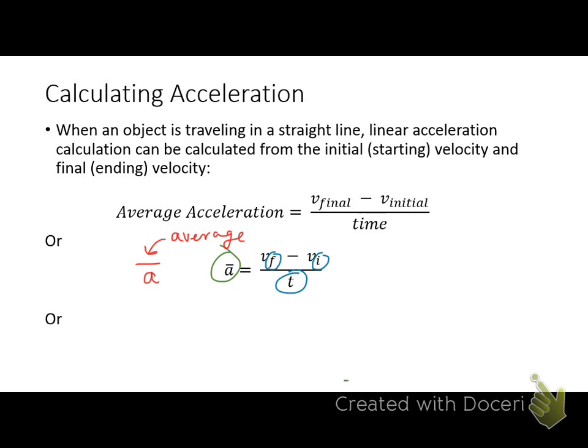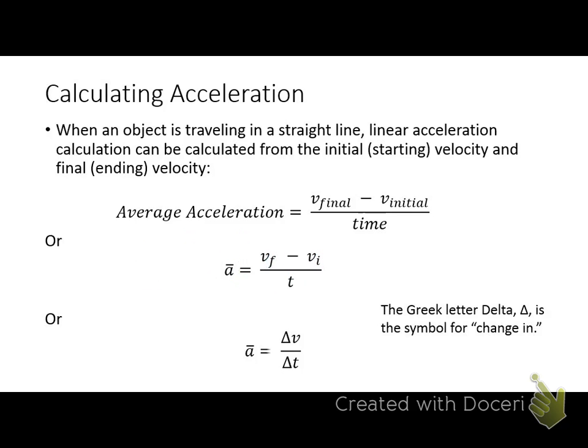Another thing I'd like to introduce is this idea that we have a lot of changes in. Change in velocity is acceleration. We get tired of writing the words change in, so we actually use the Greek letter delta.